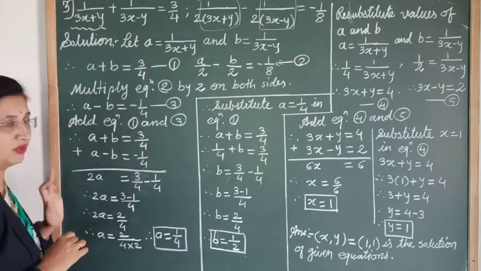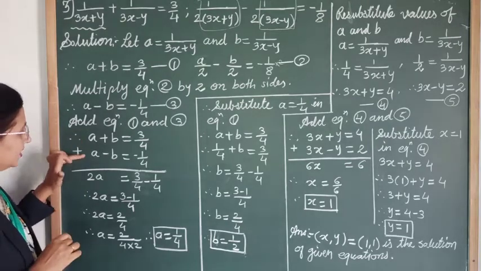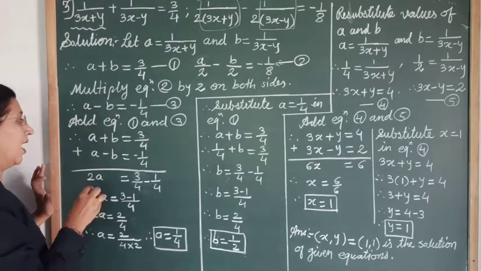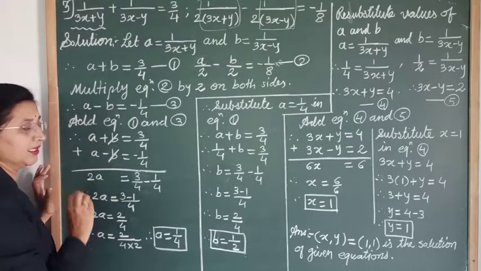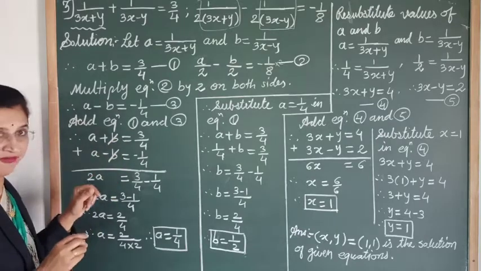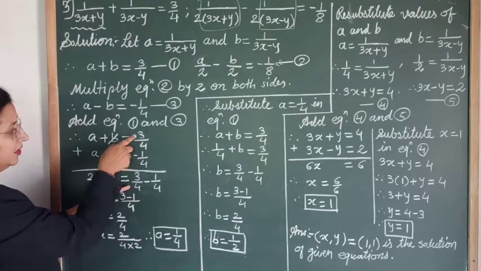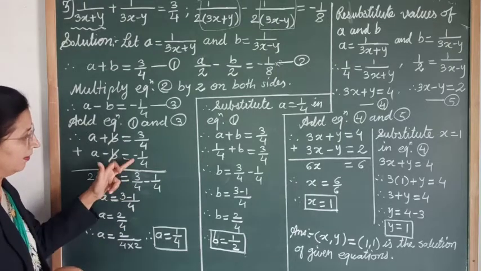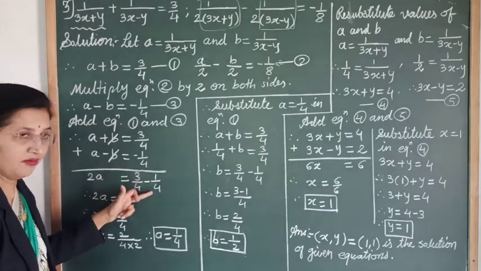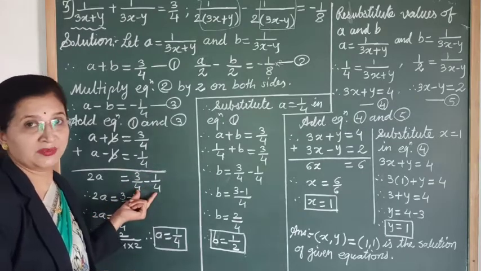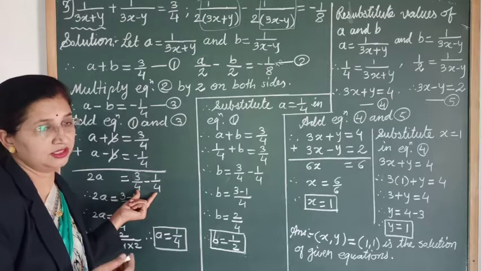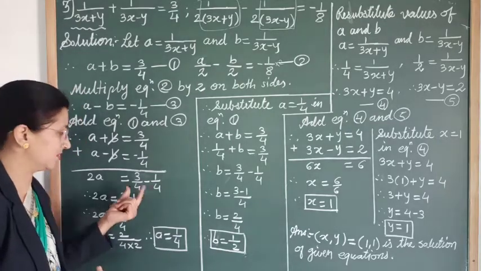Okay, so we have to do their addition. a plus a, that is 2a, and this positive b and negative b will get cancelled, is equal to 3 upon 4 minus 1 upon 4. Dear students, we know that while adding and subtracting fractions, the denominators should be same. So already the denominators are same.